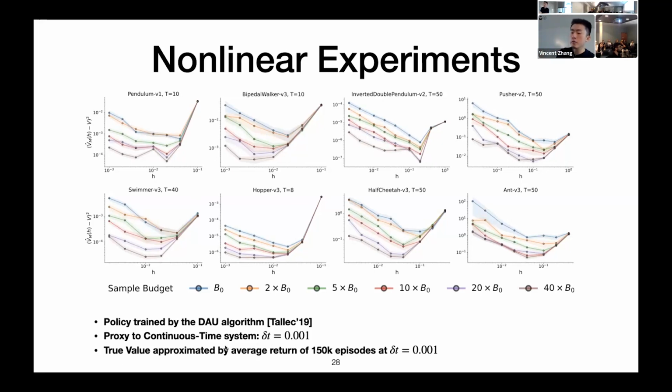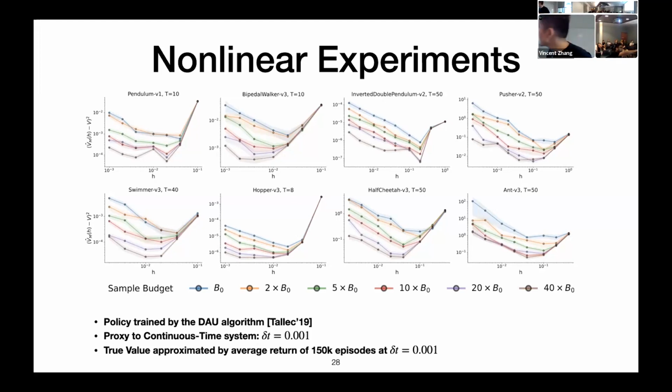The true value, we don't have it, but it can be approximated by averaging the return of a huge number of episodes. And we verify that if you go even further, to even double or triple the episodes, the value stays quite consistent. So we stop at 150K.